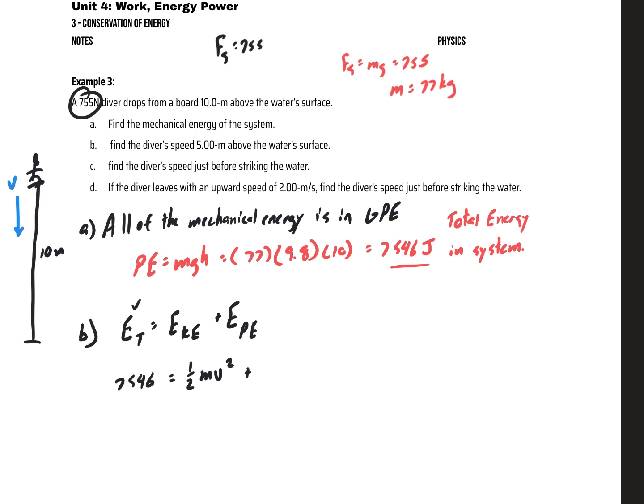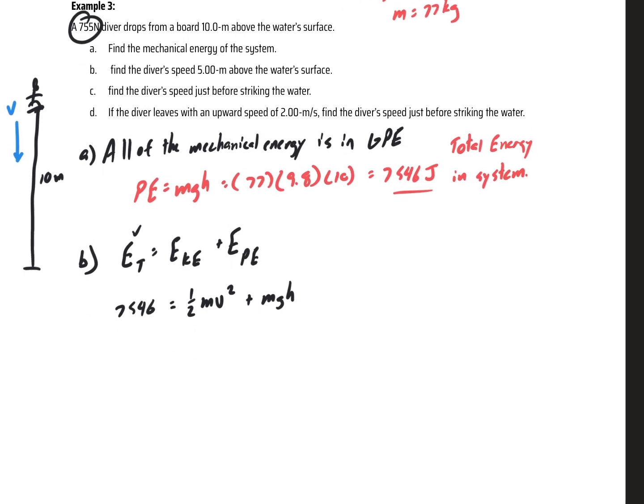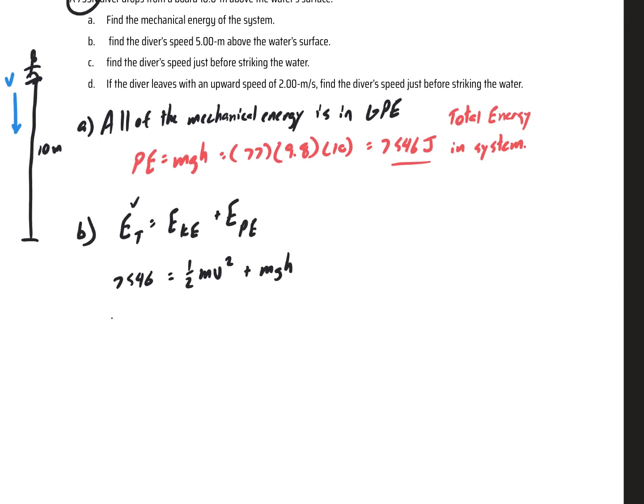For the potential energy side, I know everything about the potential energy side. That's mgh. So when I plug these numbers in, 7546 joules equals 1/2 the mass of the guy, which was 77, times v squared, plus mgh, and I know everything about the potential energy side here.